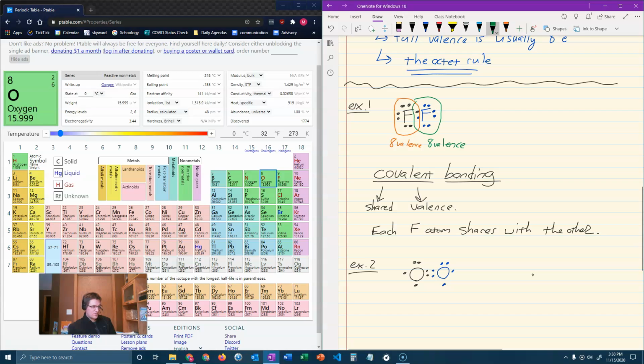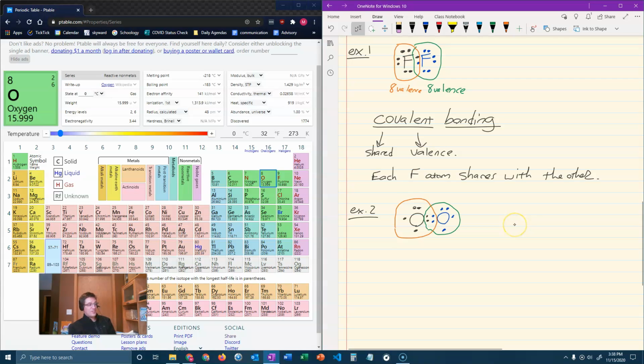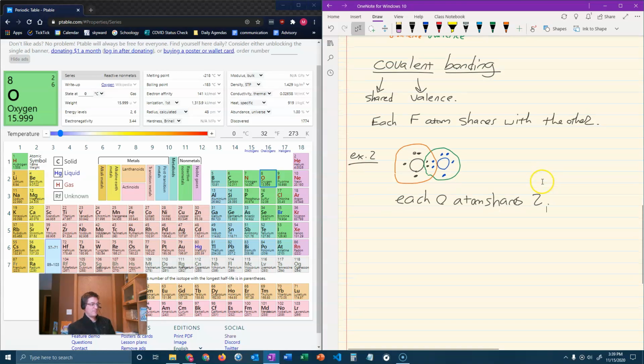Okay, so here is one of the bubbles. 1, 2, 3, 4, 5, 6, 7, 8. And here is the other bubble. Okay, each shares 2 with the other, and now they still have the octet. Okay, so in the shared area, there are now 2 pairs shared instead of just 1 pair. Each oxygen atom shares 2. So that's covalent bonding. Okay.